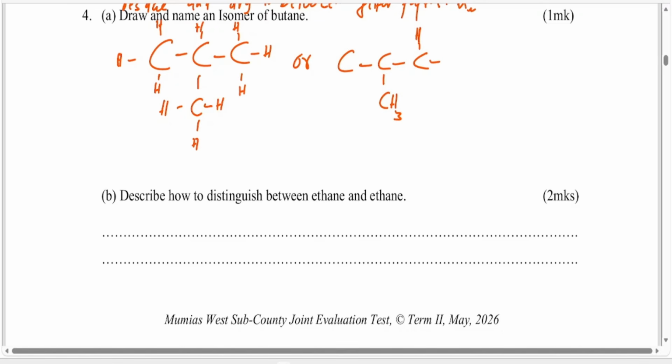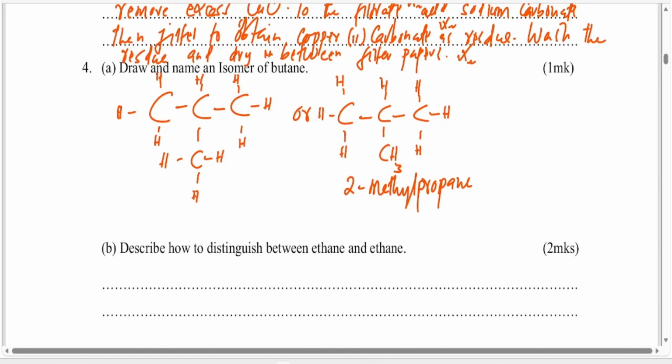Then we have the hydrogens on the sides. And because we have been taught to draw and name the isomer, we have a straight chain of 3 carbons, and then the methyl being attached on the second carbon. So we are going to have 2 methyl propane, and this gives you 1 mark. Drawing has half a mark and naming has half a mark.